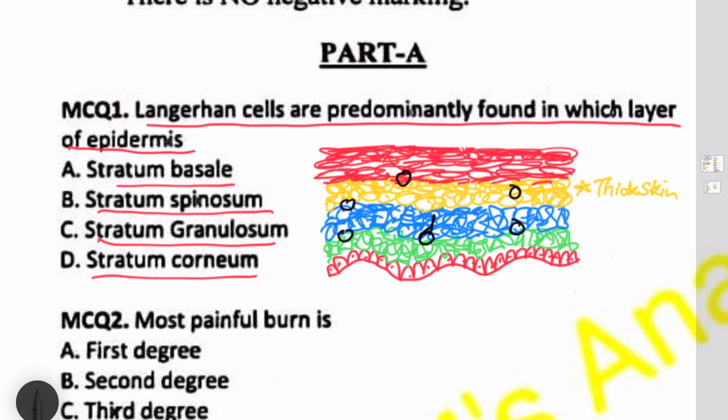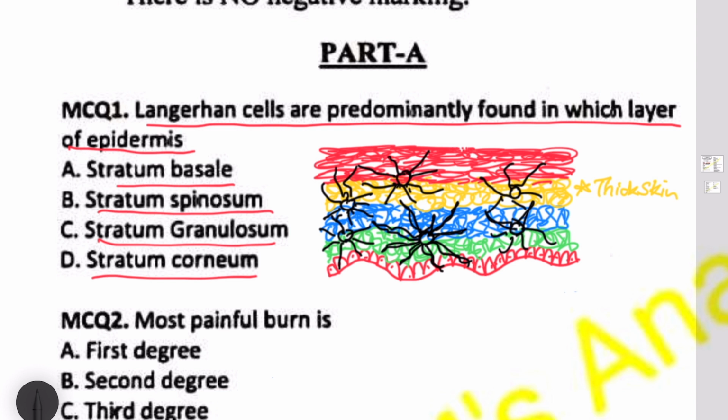These are dendritic cells, with protoplasmic dendrites radiating out and reaching up to the different layers. They are part of the immune system. Just like you have macrophages in the tissues, here you have dendritic cells.